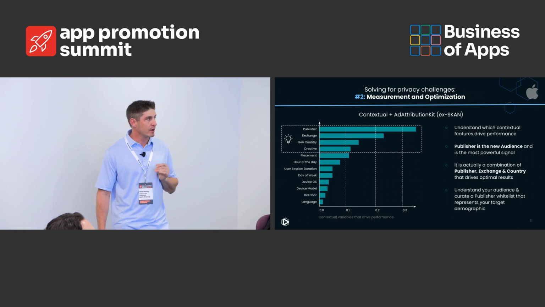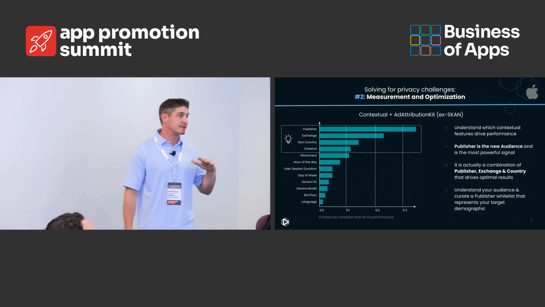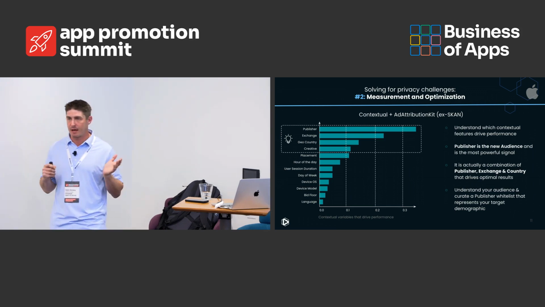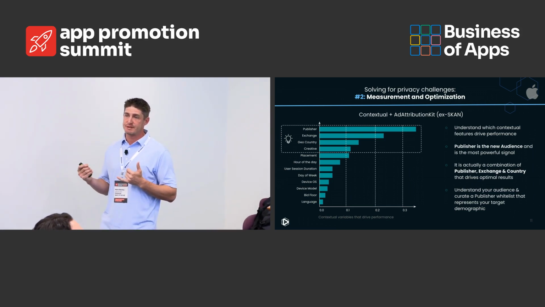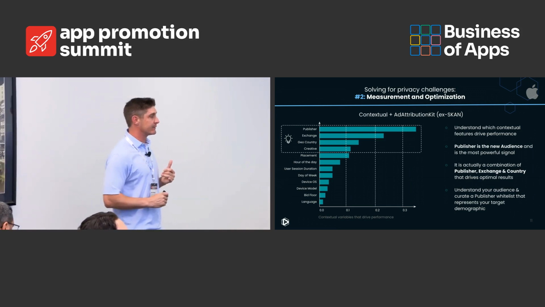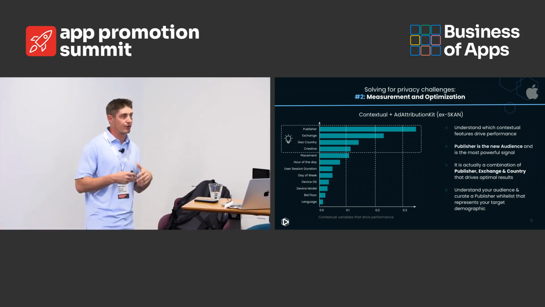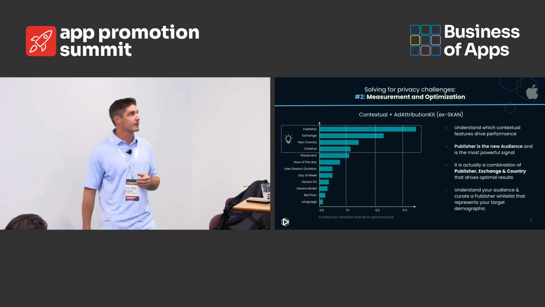Now, we are masters of contextual. We've been doing it for a long, long time, since 2018, 2019, and the team has been in contextual advertising long before Dataseat has been around, okay? So we understand the most important signals. The x-axis here is level of importance. The y-axis is an example of some signals that we look at. These, of course, aren't all of our signals, but they're a good grouping of them.